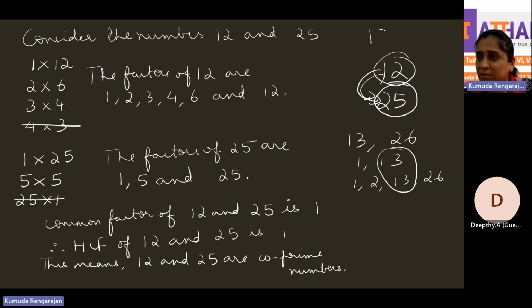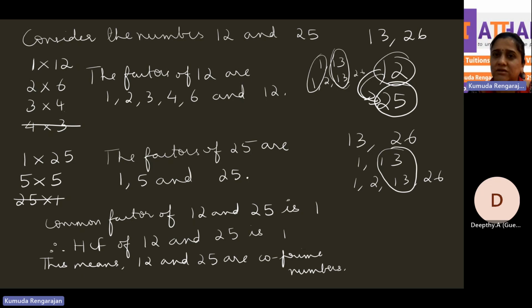See, 13 is a prime number, while 26 is a composite number. The factors of 13 are 1 and 13 itself because it's a prime number, while the factors of 26 are 1, 2, 13 and 26. The two numbers have 1 and 13 in common, and the HCF is 13.